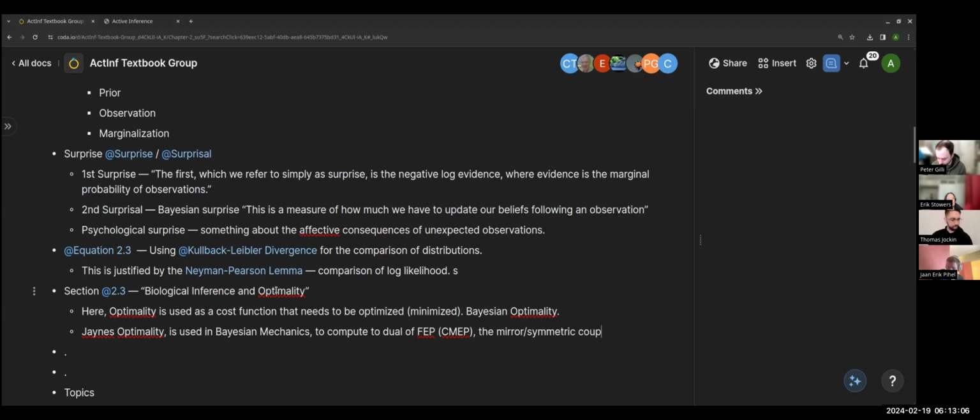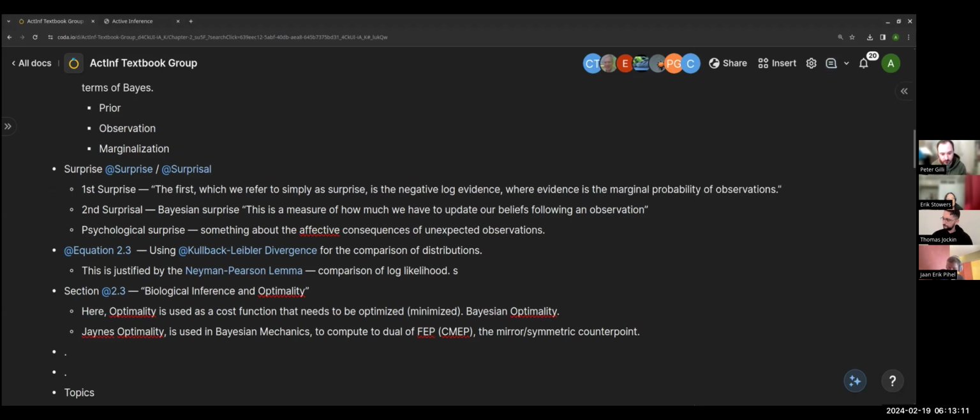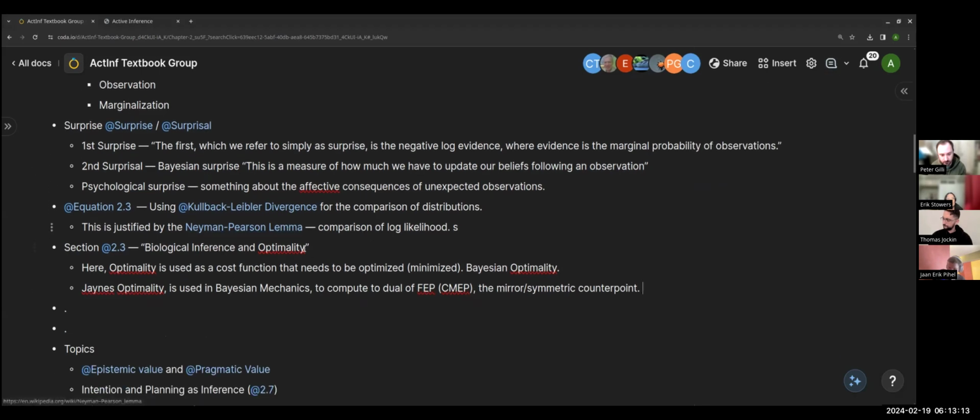But without going into much detail about how that works and how that relates to Bayesian inference, when the word optimality is used in this book, it almost always means Bayesian optimality and not Jaynes optimality.